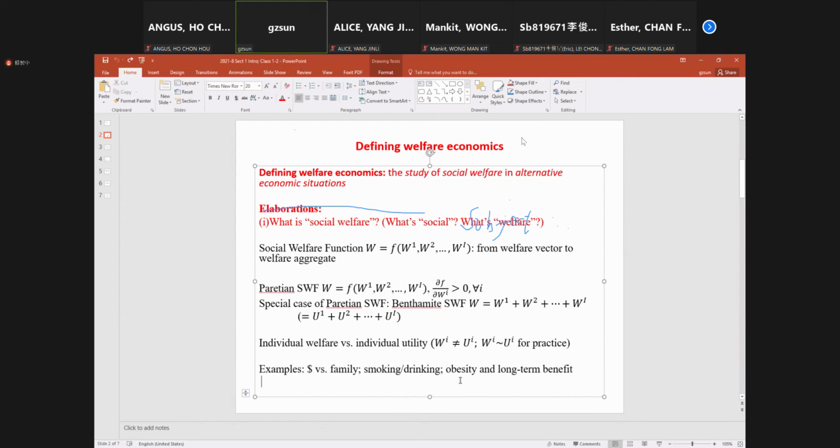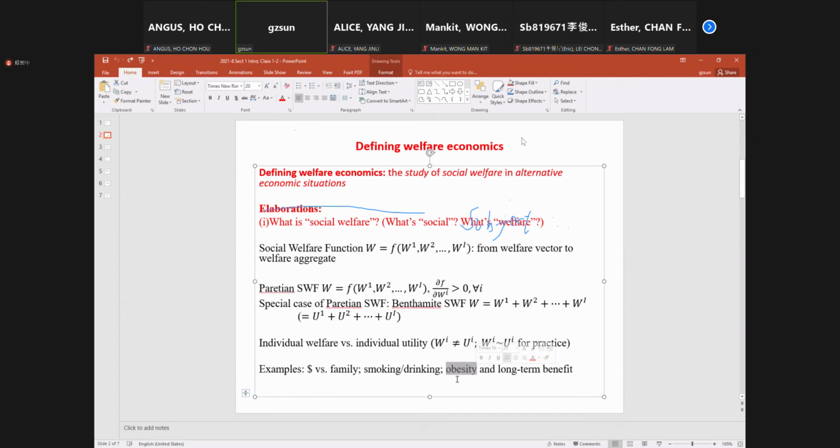Another example, a lot of kids are a little bit oversized for their age, or too fat, to put it shortly. Why? Because probably they enjoy fast food, they enjoy too much chocolate, and they don't like to do too much exercise. For the short term, the fact that they enjoy it simply means they care about their utility.